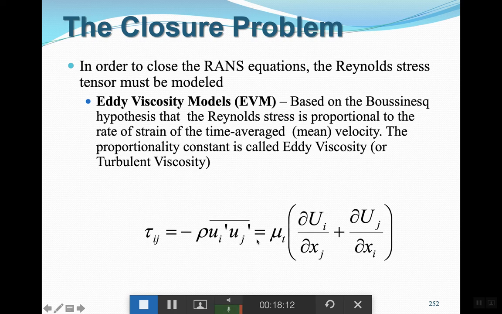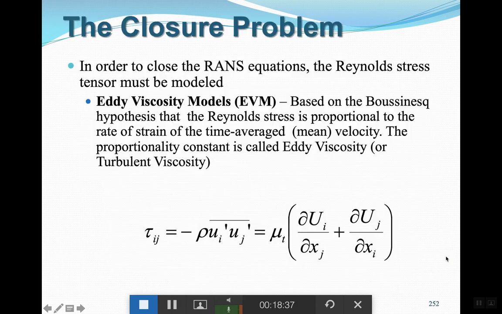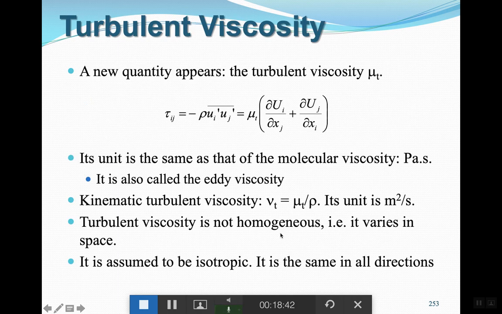Now, by substituting this with this, we have partially solved our problem, meaning we have gotten rid of the primes and everything is in terms of average velocities again, but still we have an unknown. We have introduced a new unknown, mu t. So we have to do something about this. From here, we reduced it to this, and now we have to get rid of mu t.